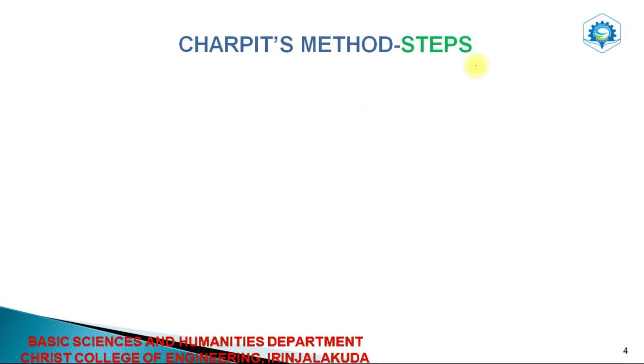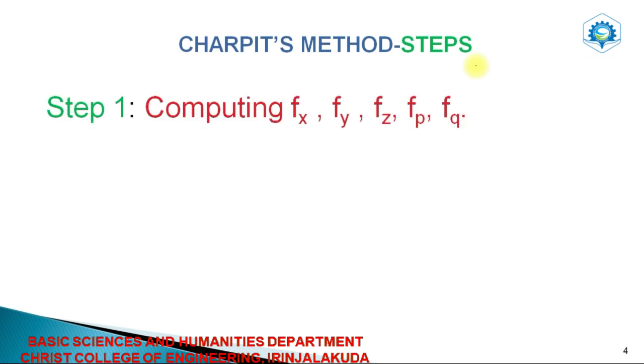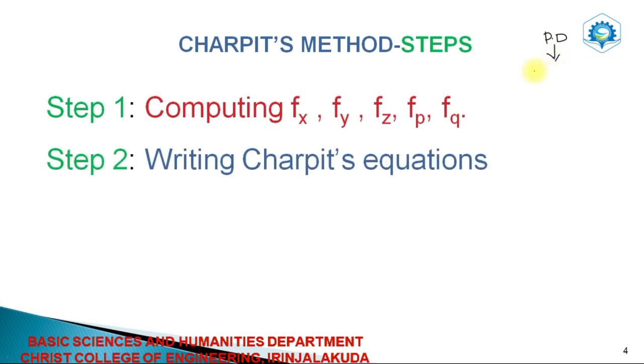Now, the steps involved in Charpit's method are: the first one is computing the partial derivatives for finding the Charpit's equation. So our first step is partial derivatives. Then we will find the Charpit's subsidiary equation.